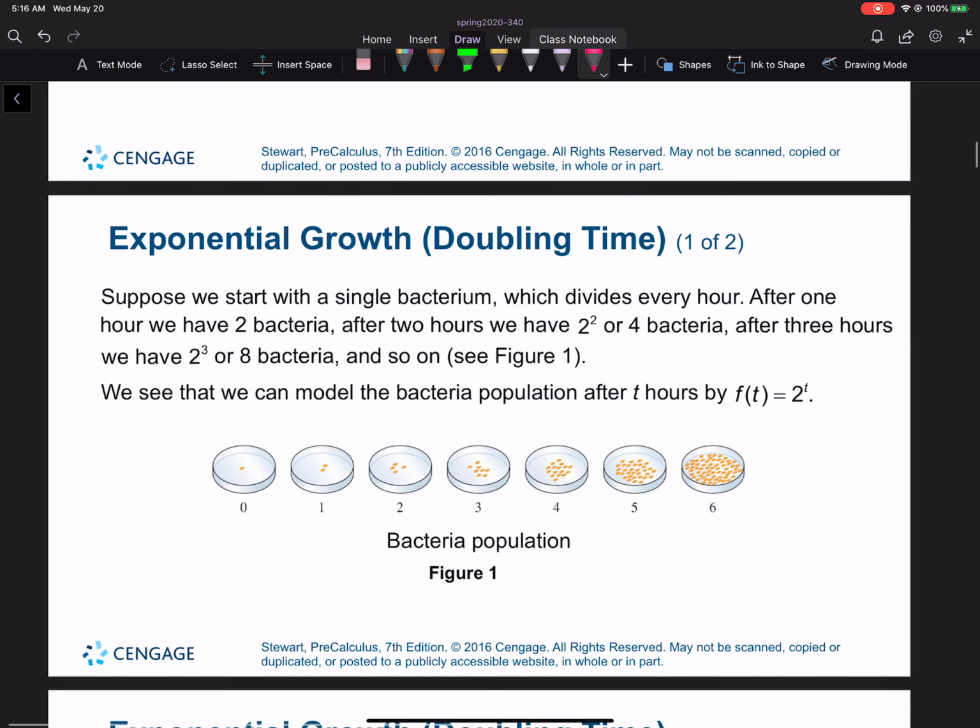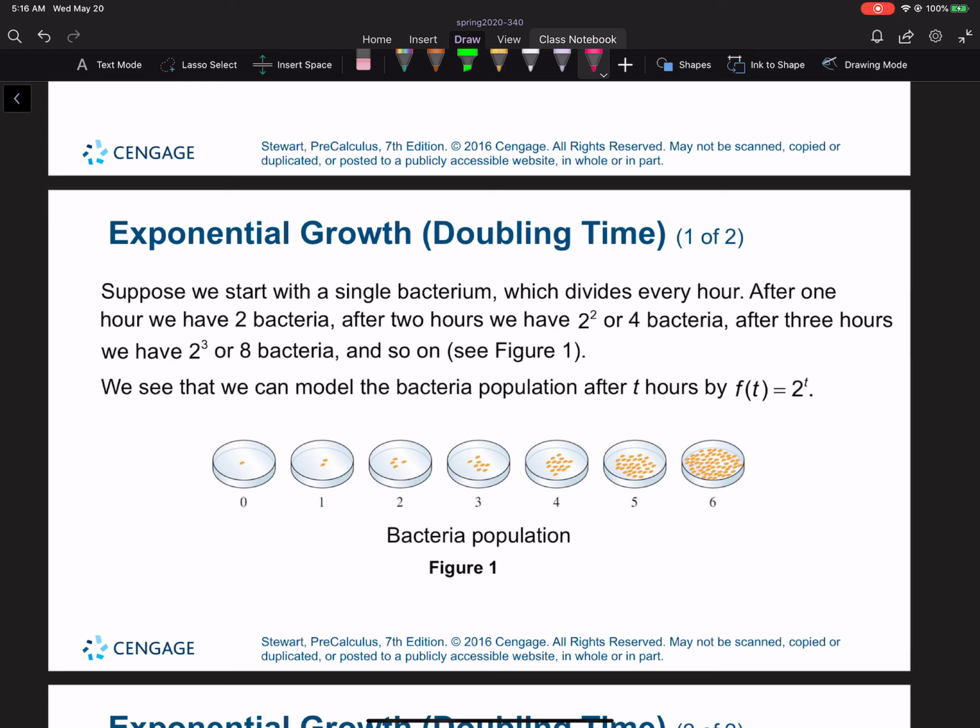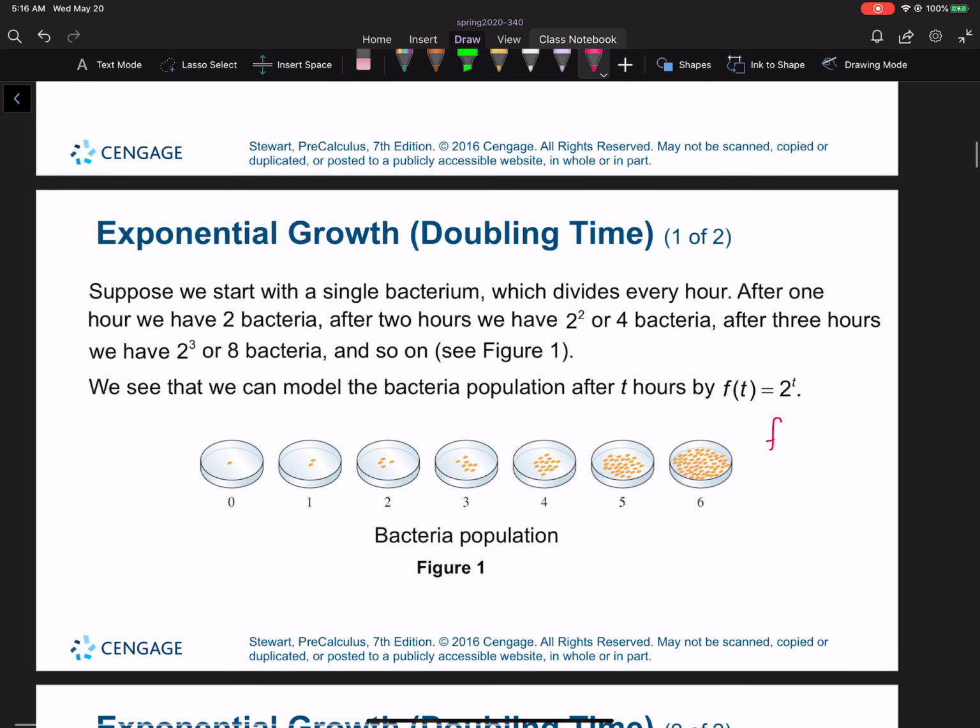So you can clearly see that we can model that bacterial growth by f of t equal to 2 to the t. So if I look at t at 1, after the first hour, I get 2. In the second hour, I get 2 squared, which is 4, in that manner.